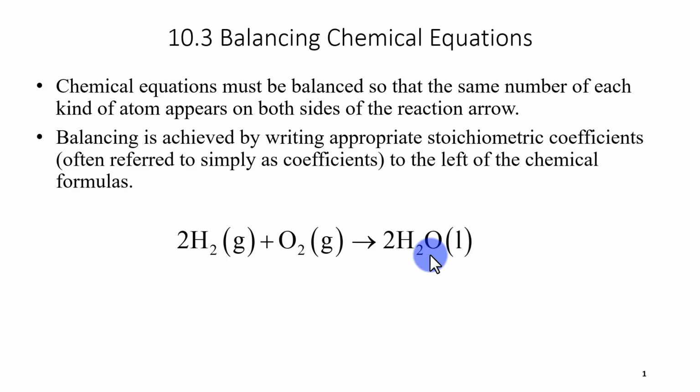And then I have to make sure that each atom has the same number on both sides. This is a balanced reaction, so I can show you how to count, but I will give you an example in the subsequent slides on how to actually start.